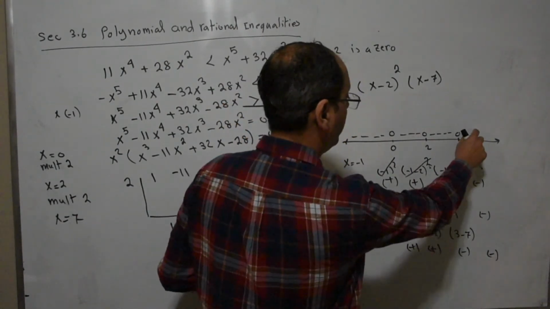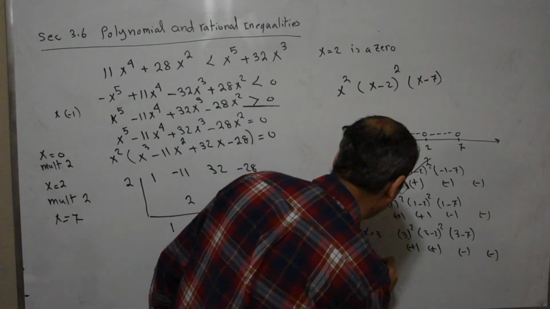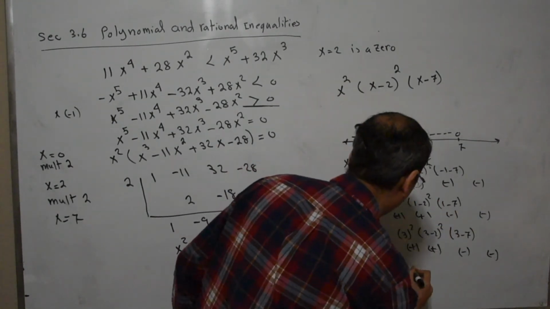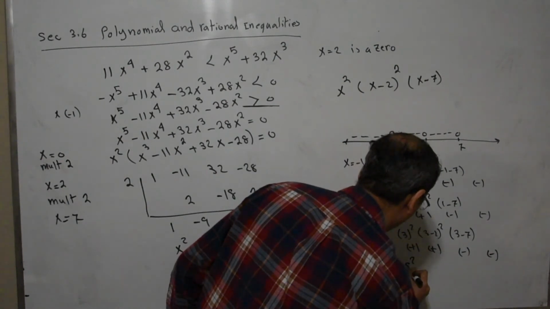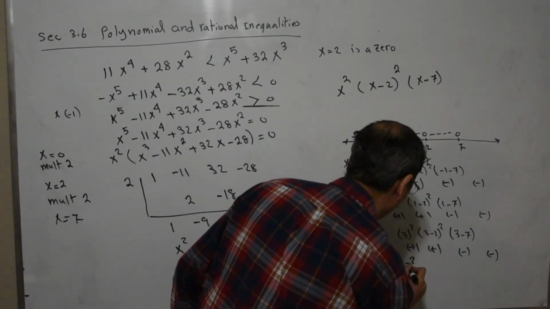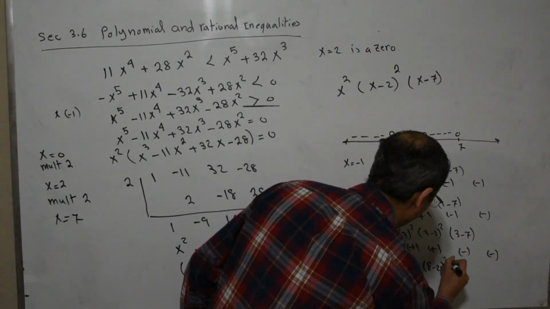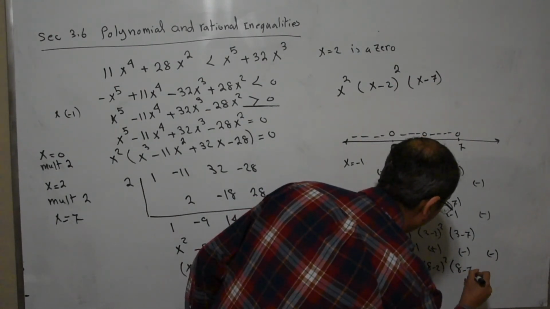Okay, for the last region, I'm going to pick 8, so x equals 8. So I have 8 squared, 8 minus 2 squared, and 8 minus 7.